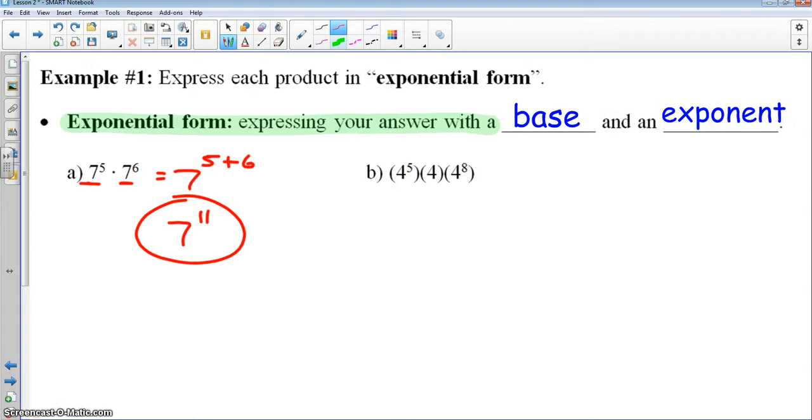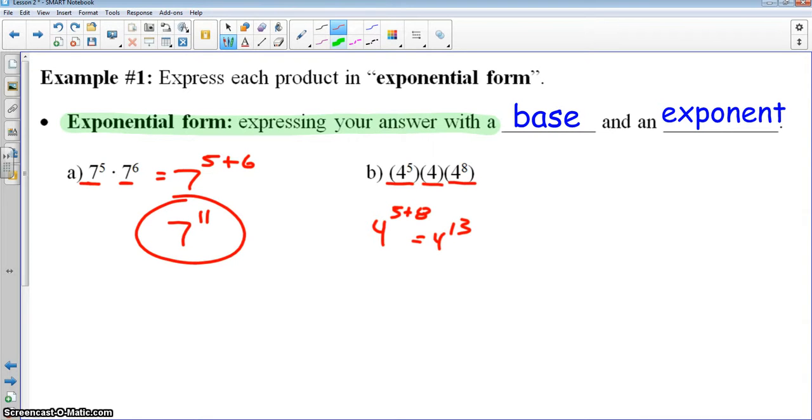All right, so let's look at problem B here. Now this one a lot of students get wrong. They try to go like this, 4 to the 5 plus 8, and they get 4 to the 13th. That is incorrect. Yes, we have 5 4s here and 8 4s there, and that makes 13. However, you're forgetting this one if you just add the exponents.